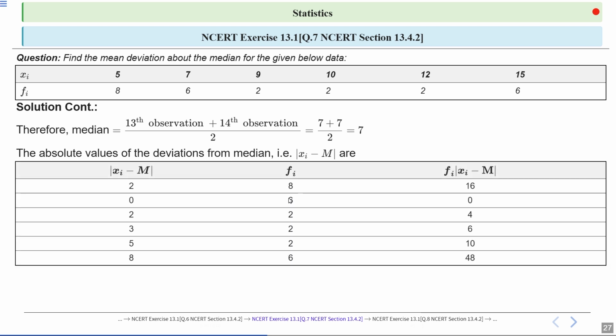Here you can see the absolute deviation from the median. The absolute values of deviations are calculated in the table in the first column. In the second column we have their corresponding frequencies fi, and in the third column we multiplied fi with the absolute values of deviations from the median.